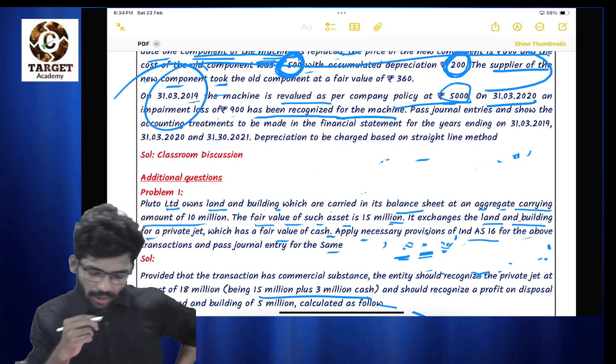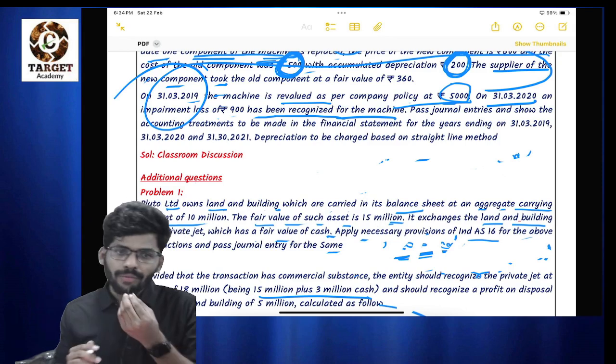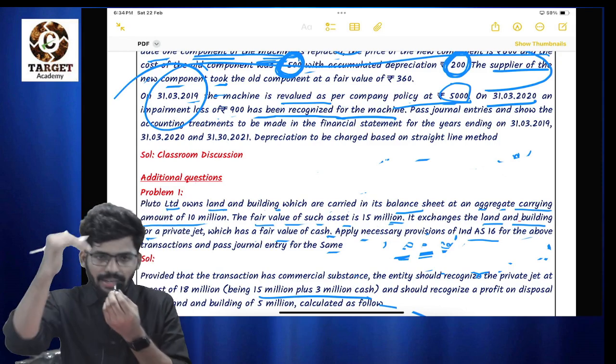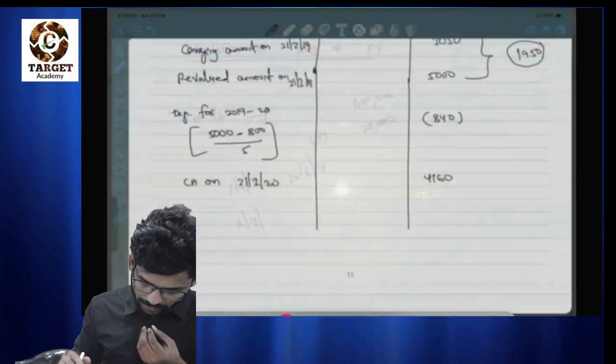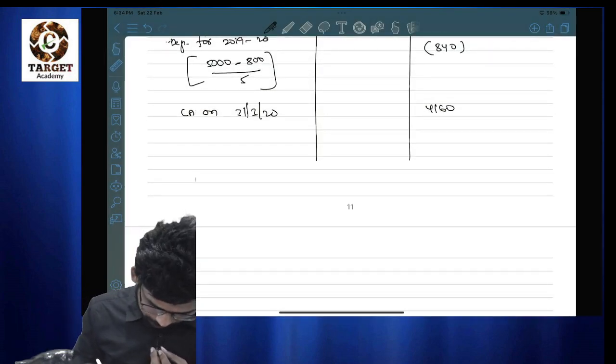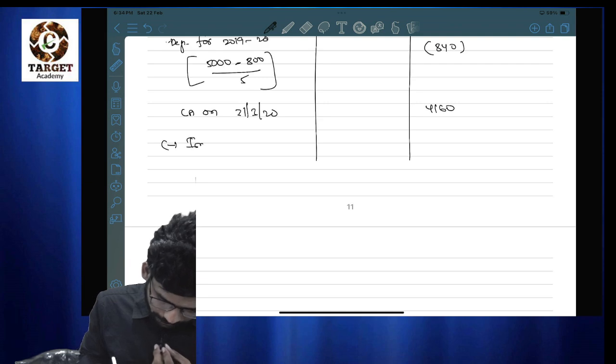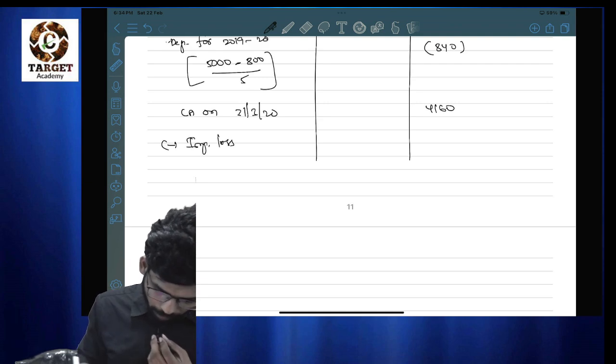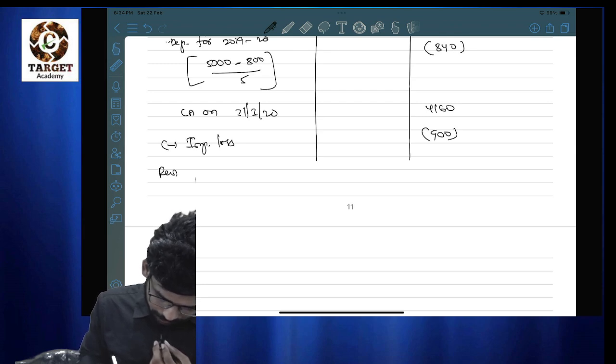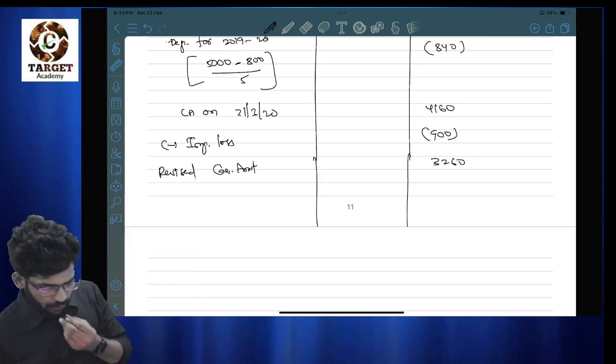So because of impairment loss, asset value will get decreased. Yes or no? So please write down minus impairment loss, 900. What is the balance? 3260.